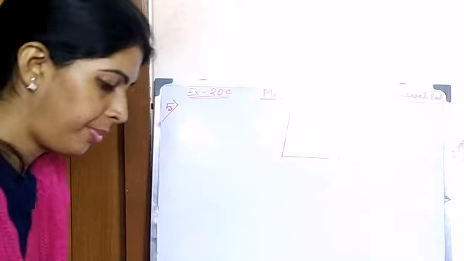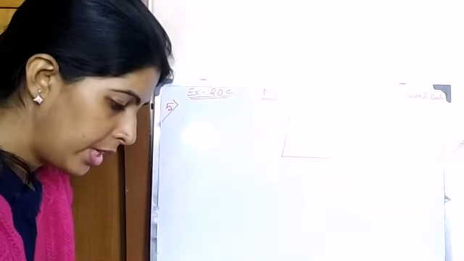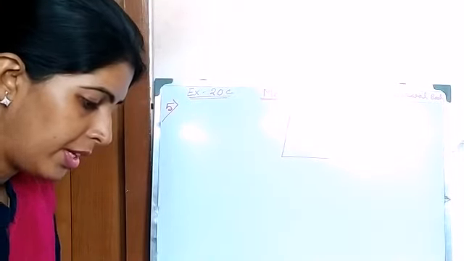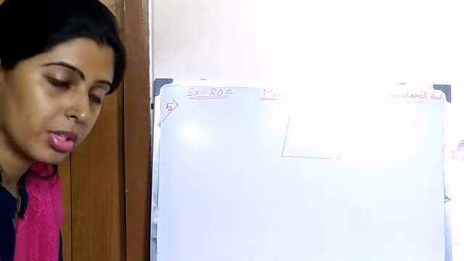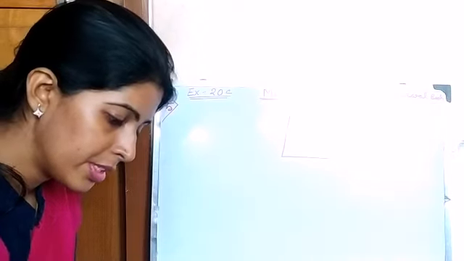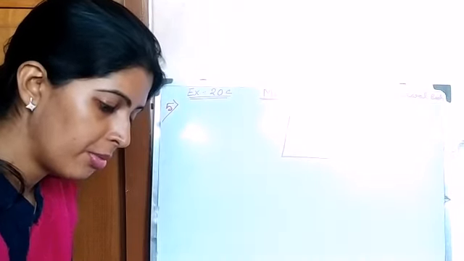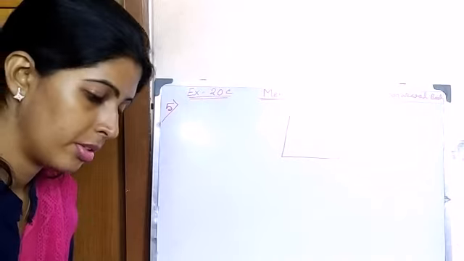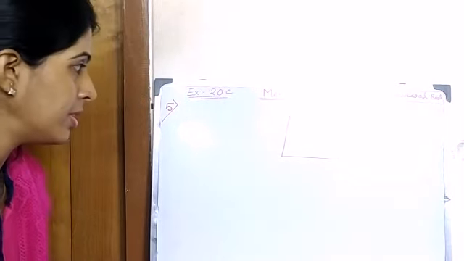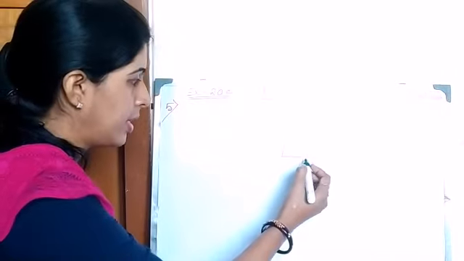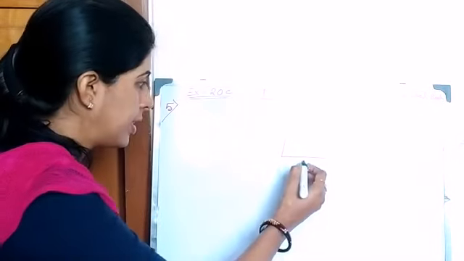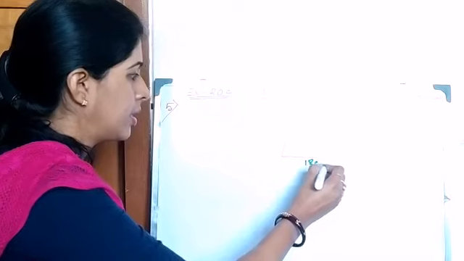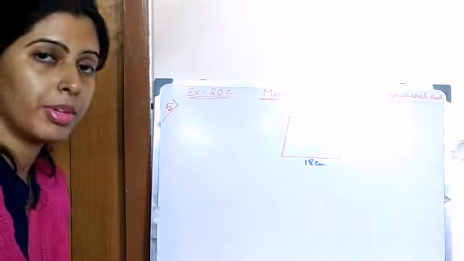Now coming to question number 5. One side of a parallelogram is 18 cm long and its area is 153 cm square. Find the distance of the given side from its opposite side. That means this is 18 cm given and the area is also provided.